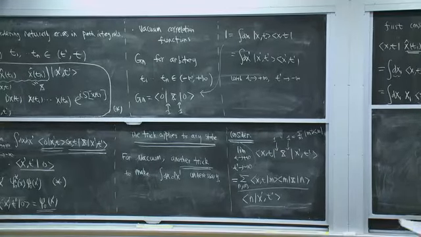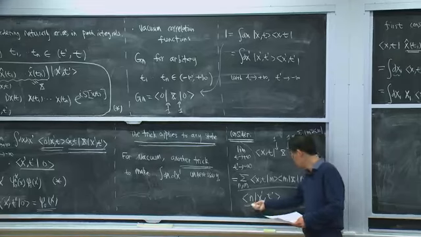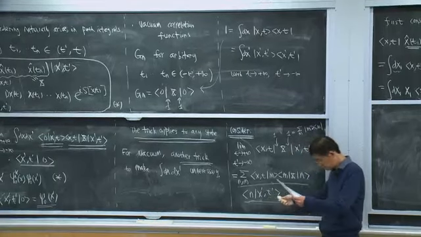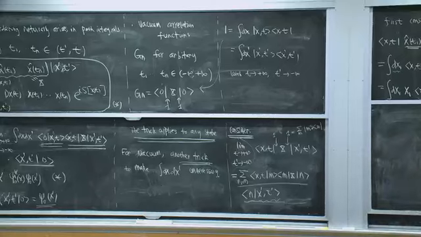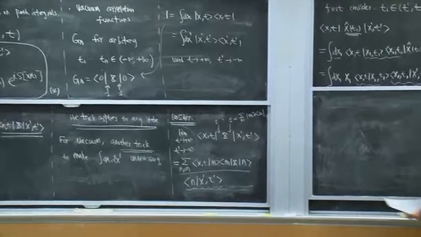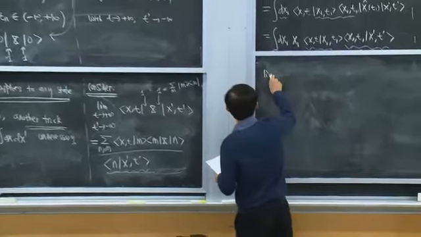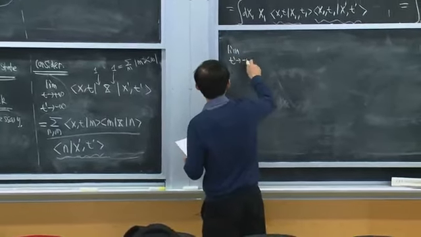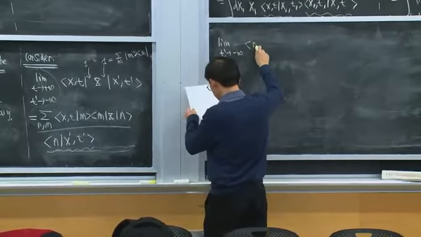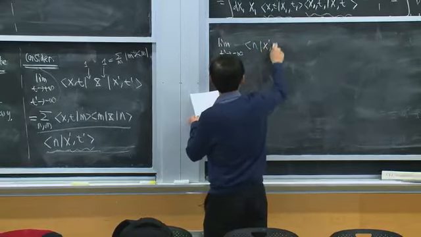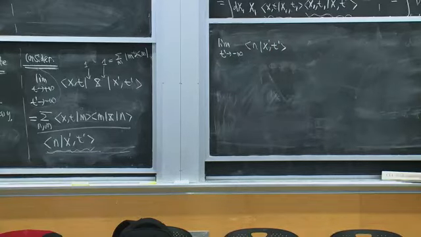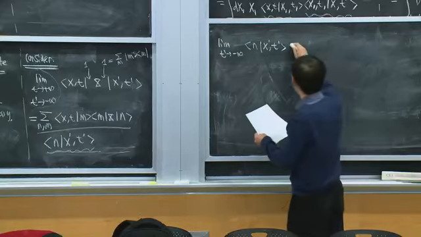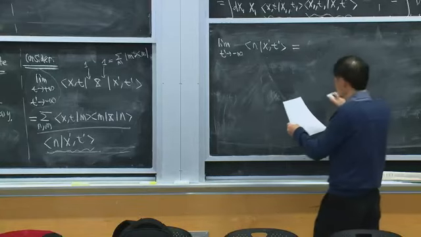So to explain the trick, let's first look at this object: the limit t prime goes to minus infinity of the overlap of some energy eigenstate n with x prime, t prime. Again, this is written in the Heisenberg picture, so we need to translate to the more familiar language of the Schrodinger picture.